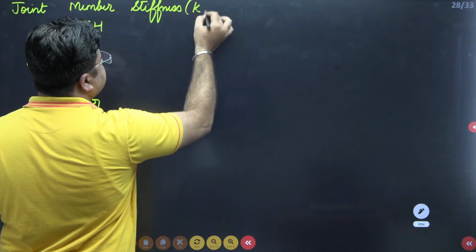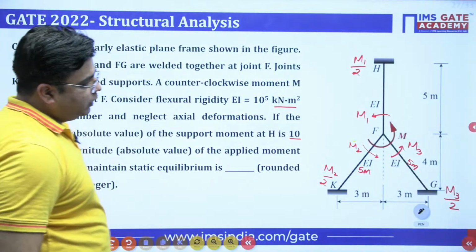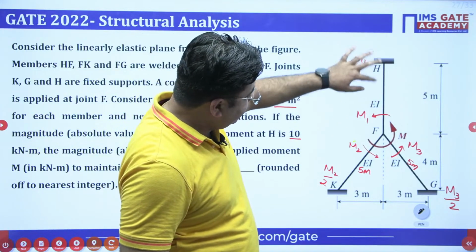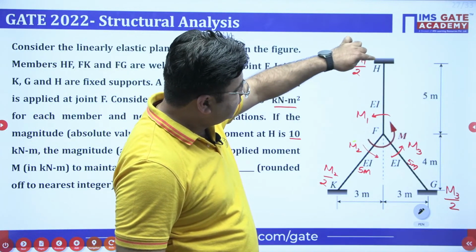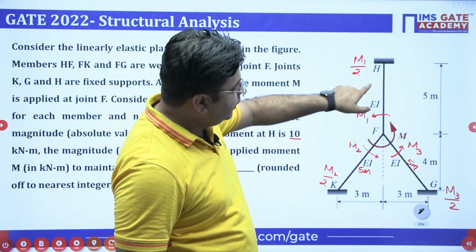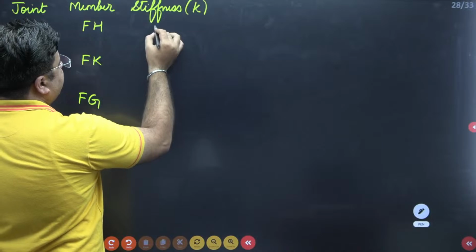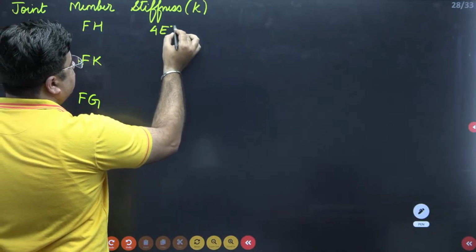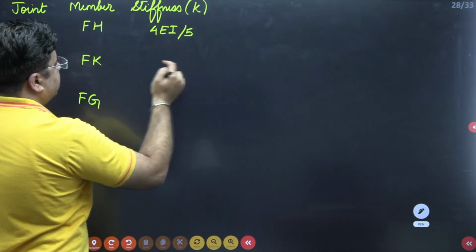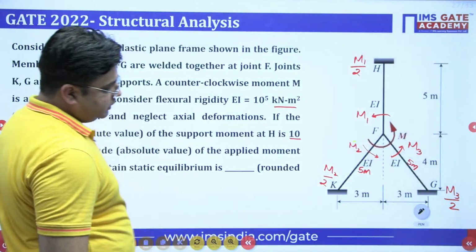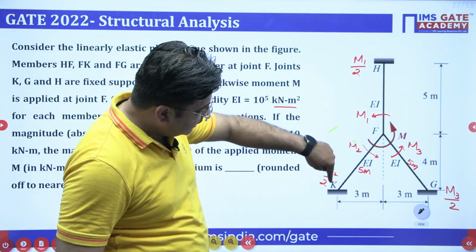The stiffness is K. So when you look into this member FH, the far end is fixed. So stiffness of this member will be 4 EI by length of the member. So it will be 4 EI by 5. For member FK, the far end is again fixed.